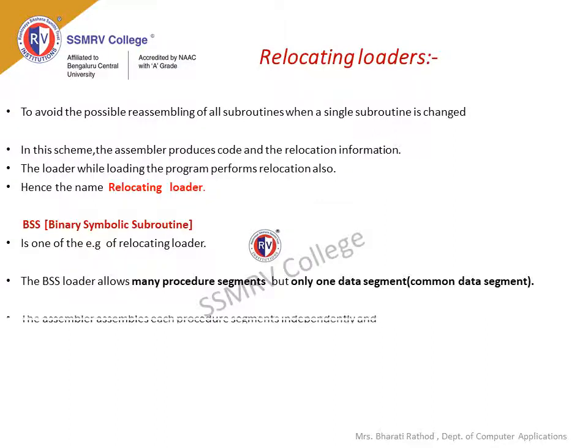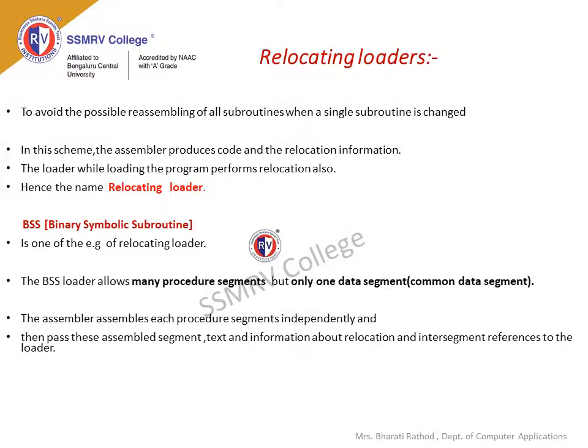The assembler assembles or translates each segment independently and then passes the assembled segment and information about relocation and inter-segment references to the loader. Example: there are three subroutine programs, A, B and C. If one of the subroutine addresses is changed by increasing the length of the program, it will affect other subroutines also. This problem can be handled by the binary symbolic subroutine.